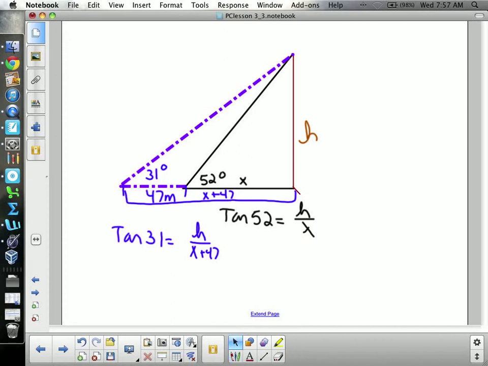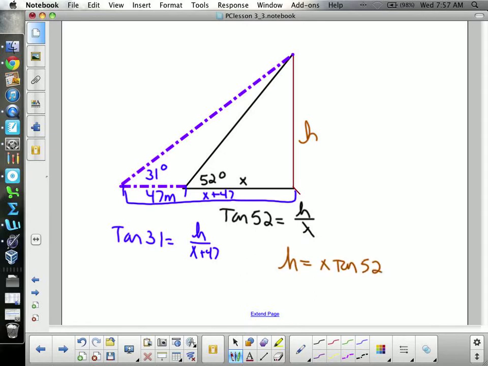So what I would do, it's probably easiest to solve for h here. h is x times tangent of 52, right? You with me so far? I multiplied this equation through by x to get that.